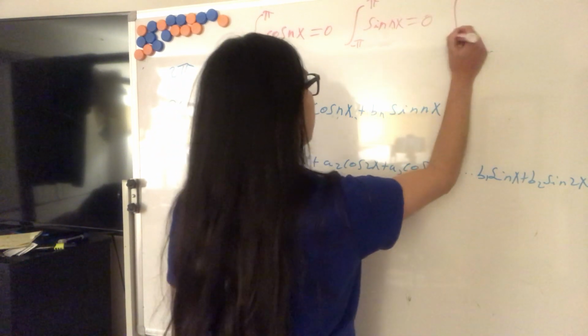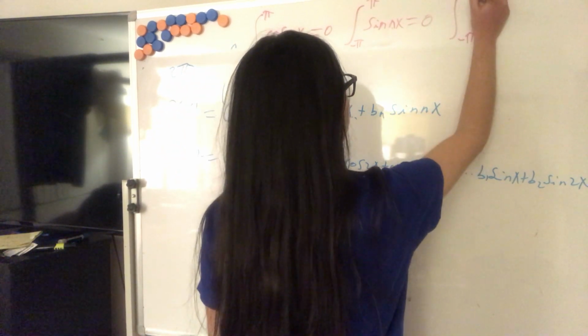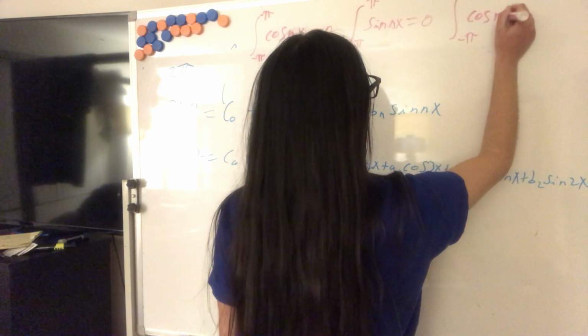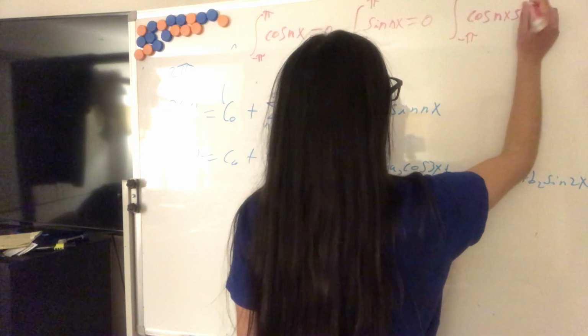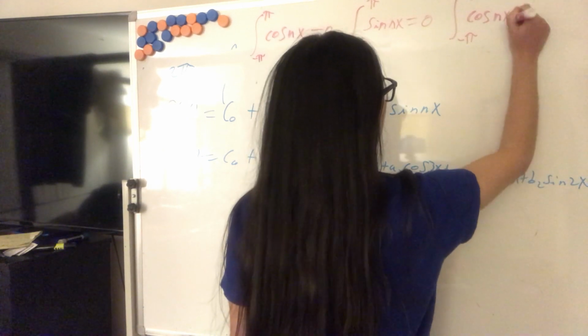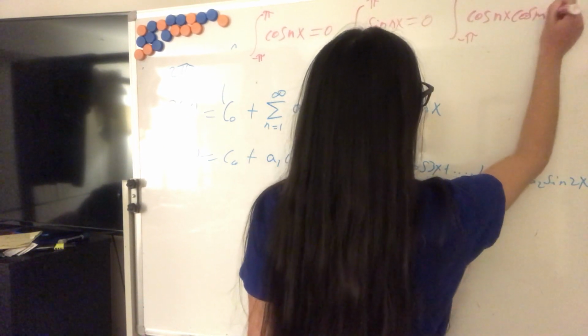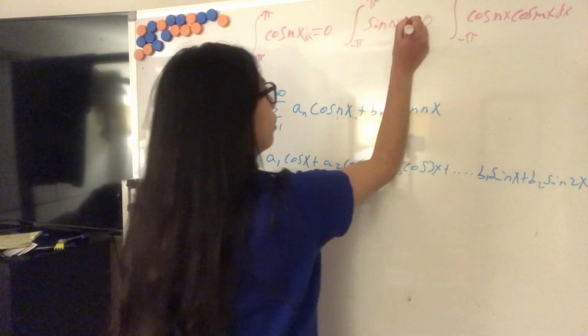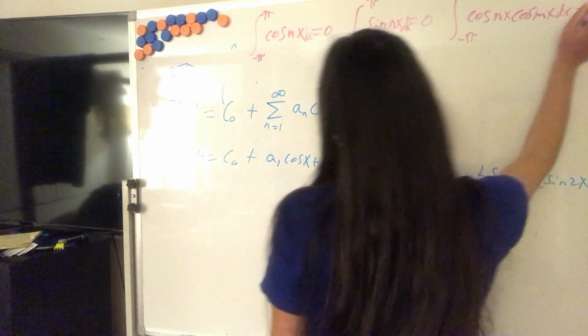The defined integral from minus pi to pi of cosine nx cosine mx dx is equal to 0.